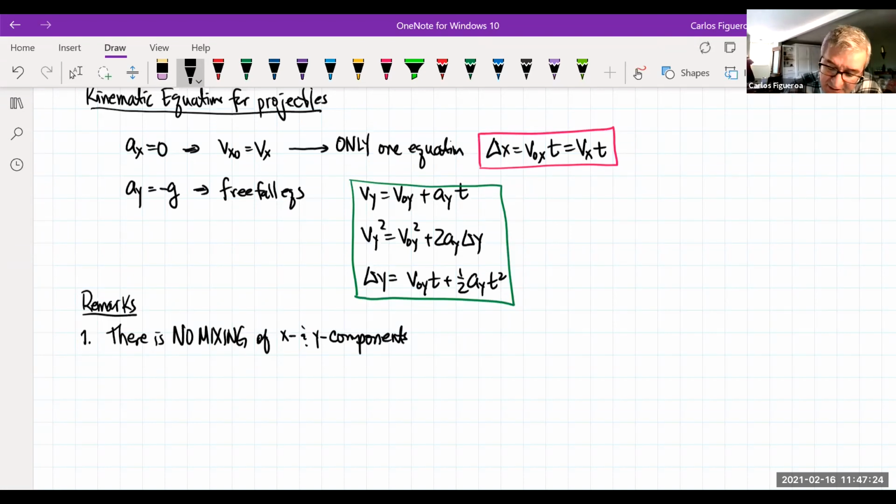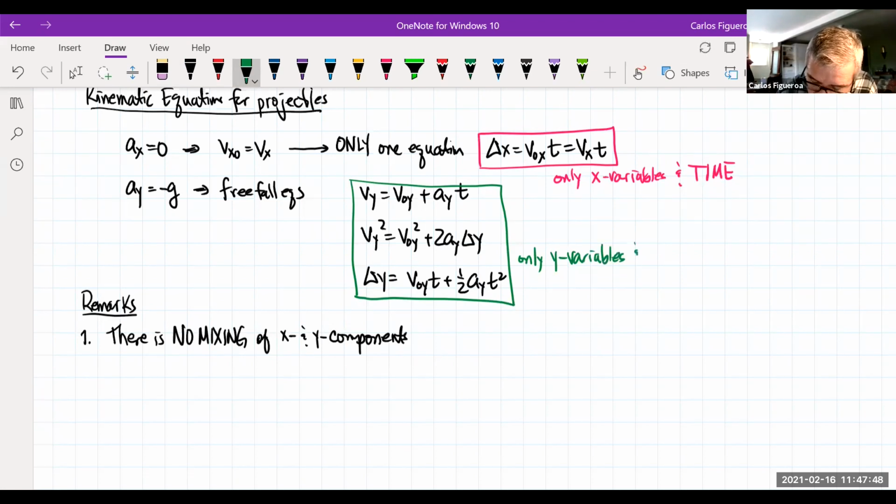So when I look at the x equations, the x equations tell us only x variables and what? Time. When I look at the y equations, I see only y variables and what? Time.